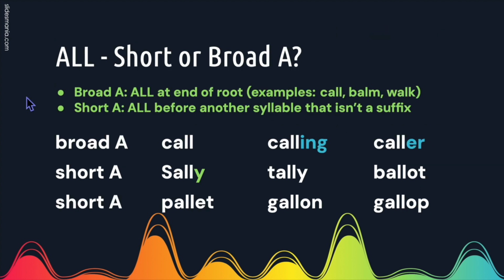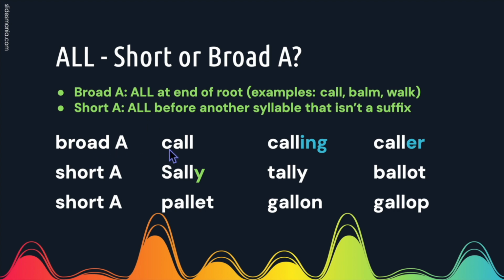If you're looking at a word that has ALL in it, and you're trying to decide, do I want the short A sound of a or the broad A sound of ah, remember these rules. If ALL comes at the end of a root, try the broad sound. If ALL comes before another syllable that isn't a suffix, try the short sound.